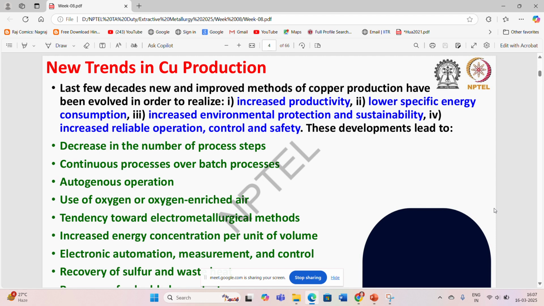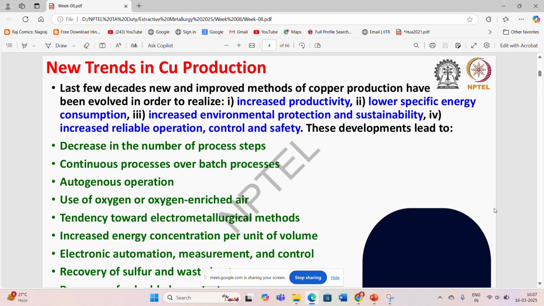In every electronic item we use in our day-to-day life, an enormous amount of copper metal is required. Without copper metal we cannot imagine our day-to-day life, because we cannot produce electronic items without the help of copper metal.